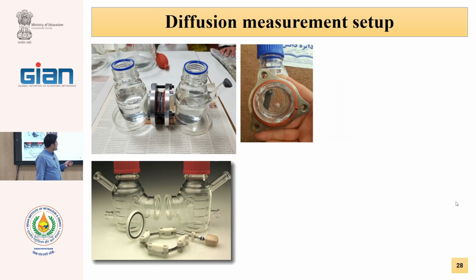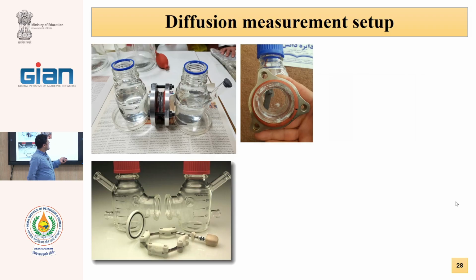In this case, we have a similar system where the membrane is located here and clamped closed, and one side is the feed side and the other side is the receiver side. We put feed here, and after certain times we sample from the receiver side and measure the concentration of diffused ions.